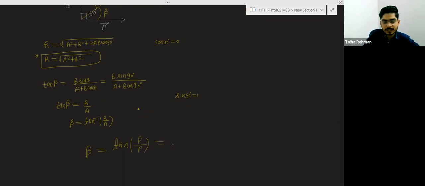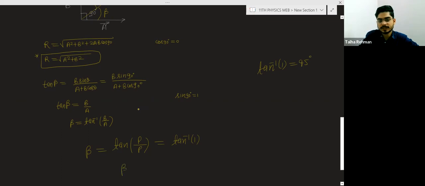So you will get tan inverse of 1, and tan inverse of 1 is 45 degree. So in this case, your beta will be 45 degree.